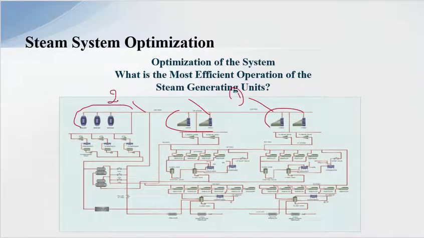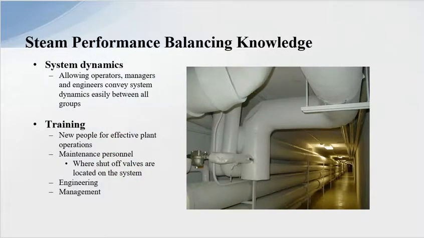Maybe this is number two, and maybe this is number three. It gives us understanding of the optimization. The other thing with optimization is understanding where our losses are. Are our losses down here? And how can we recover our losses? So it gives a lot of information on balancing the system out, especially for performance.